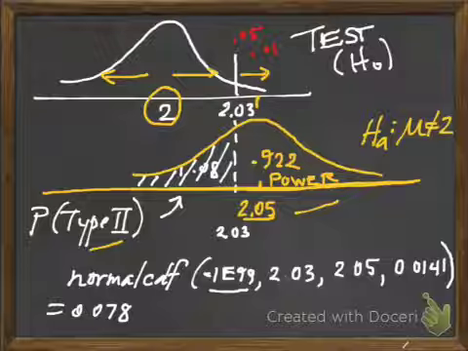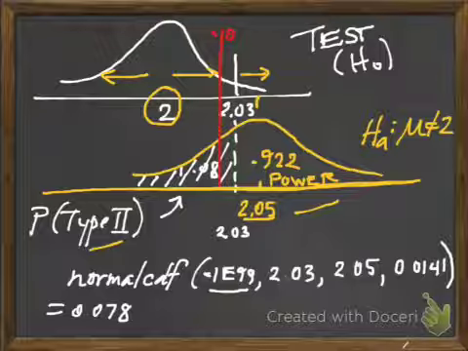Oh, I just said it the wrong way. I wish I could re-record this, but I can't. You raise the alpha. Yeah, the picture is helping me say the right thing. So not 5%, let's make it 10%. 10% will give us more power. It'll also make the probability of a type 1 error more likely.